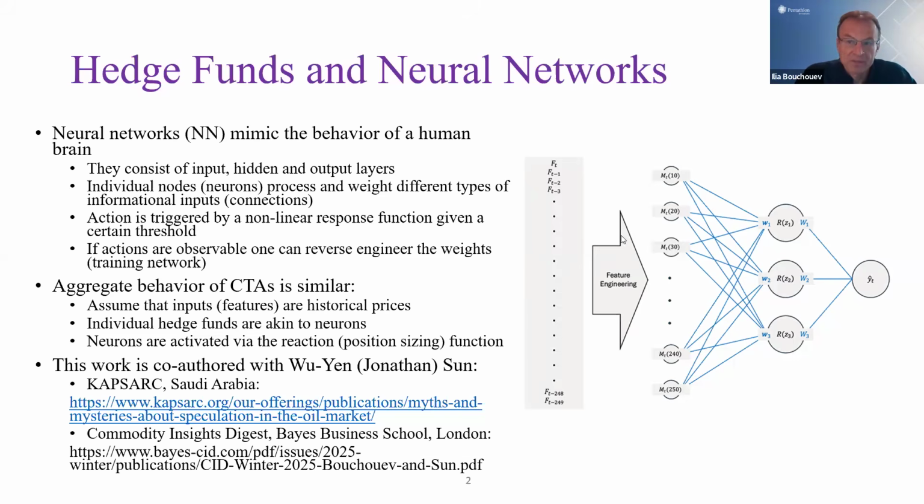It turns out, and that's the primary idea here, that the behavior of CTAs and or hedge funds, I should say more broadly, collectively, is almost a mathematical definition of a neural network. We can't obviously model individual hedge funds or individual traders because they weigh and process information very differently. But what we'll try to do, and that is really ultimately what matters, is model them in aggregate, collectively, what they do.